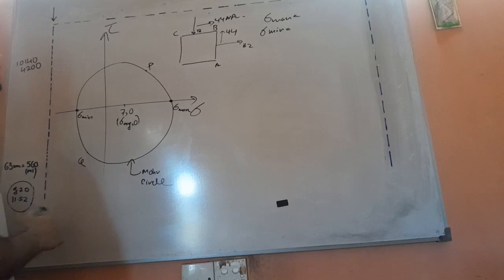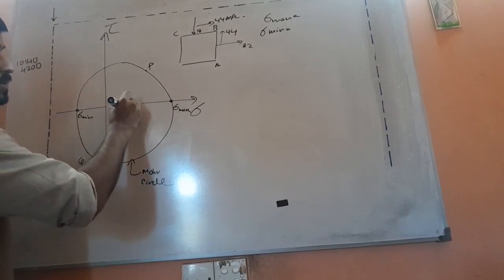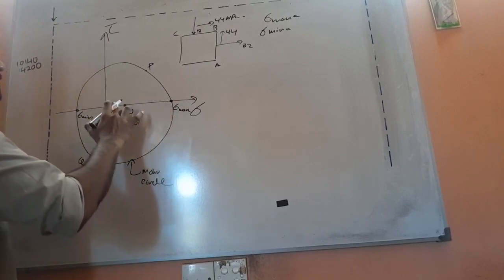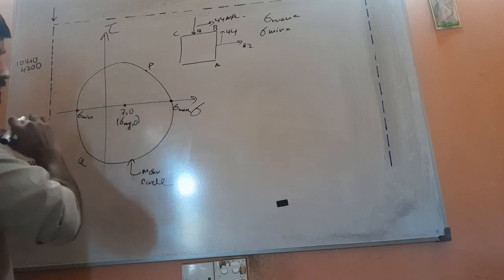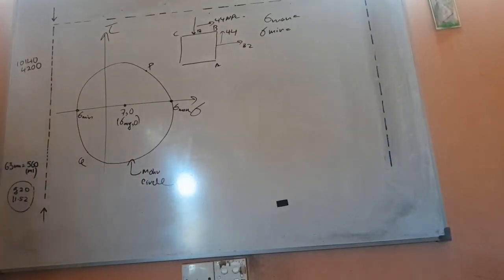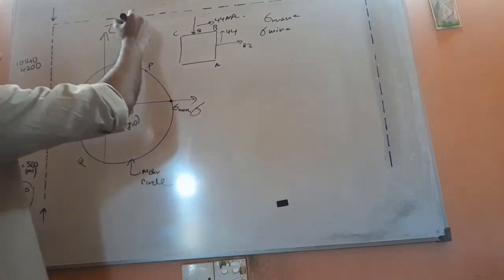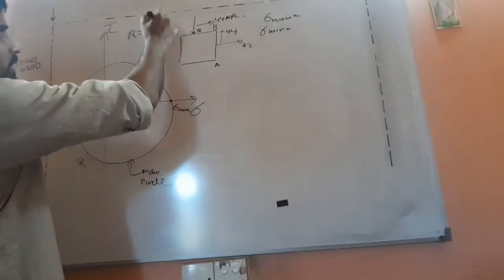So you know this point, that is 7, 0, right? So sigma max is 7 plus the radius. So you know that value already. What is that? 7 plus radius. I think radius you already know, right? Radius is 50.61.